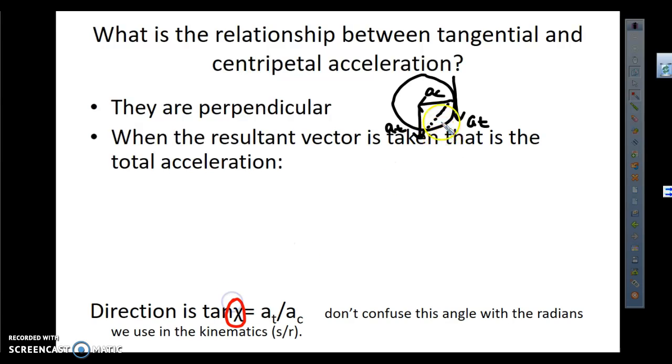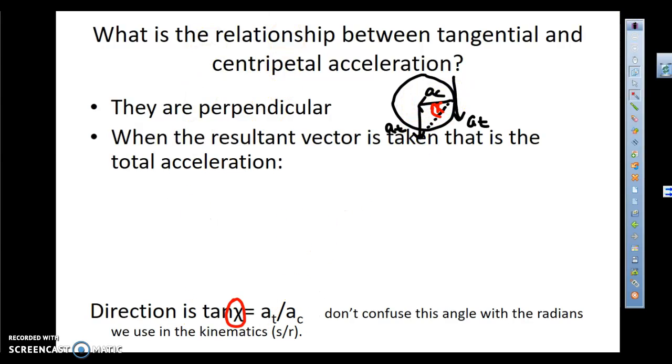I don't want to confuse it with theta, because theta is our angular displacement. This is something different. This is an angle between a sub t and a sub c, directed radially inward. And so the tangent of chi is going to be a sub t over a sub c.